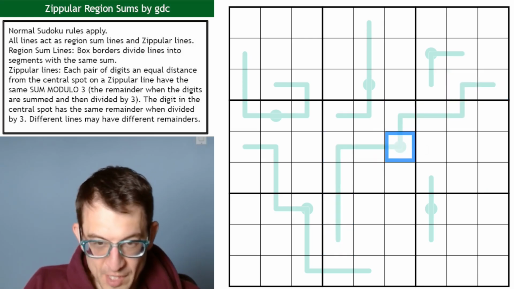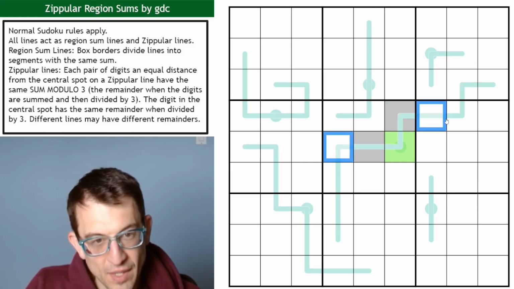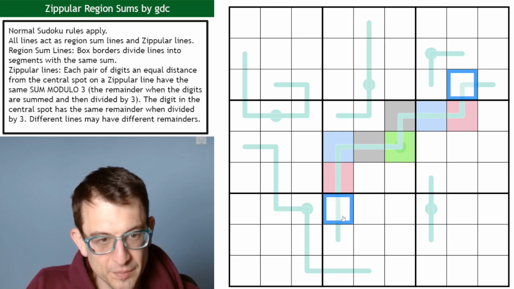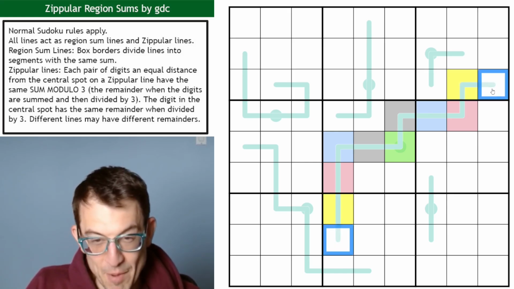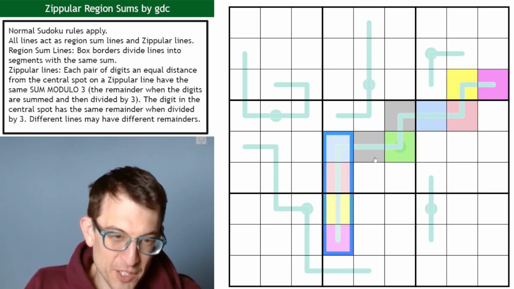But I can also divide this up a different way, right? I can divide this up by this modular zipper line. I'm hoping this leads to something, or it's kind of a big explanation for nothing. And there are 6 of those: 1, 2, 3, 4, 5, 6.